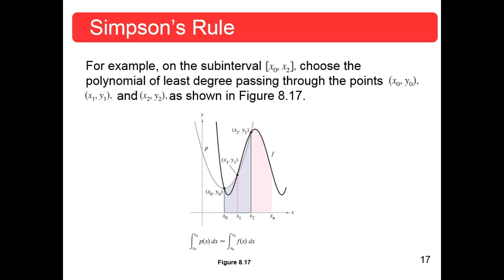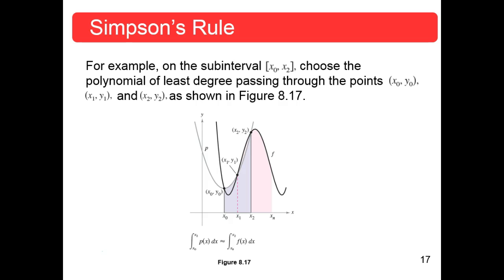Now, the integral of this p, this is your polynomial here, from x0 to x2, that's what we see here, from here to there, that's the blue area under that curve. That's approximately equal to the integral from x0 to x2 of f of x. Not exact, but it's approximate. That's just showing it to you.